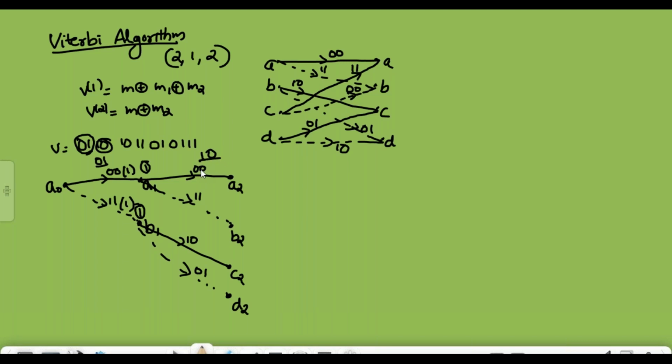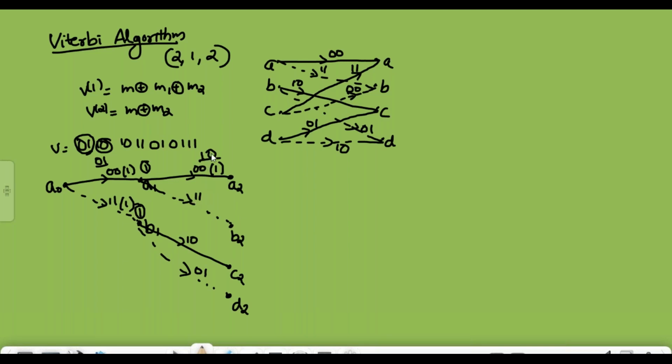Then find the metric associated with each branch. Here the first bit is different, the second bit is the same. Therefore, the branch metric here is 1. That is A1 to A2. Along this branch A1 A2, the branch metric is 1, meaning in how many bit positions it is different. Then here 1 1 and here 1 0.